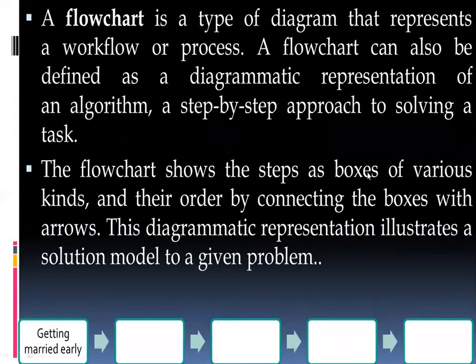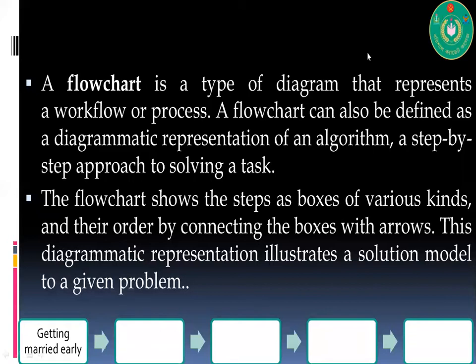Now, what is a flowchart? A flowchart is a type of diagram that represents a workflow or process. A flowchart can also be defined as a diagrammatic presentation of an algorithm, a step-by-step approach to solving a task.